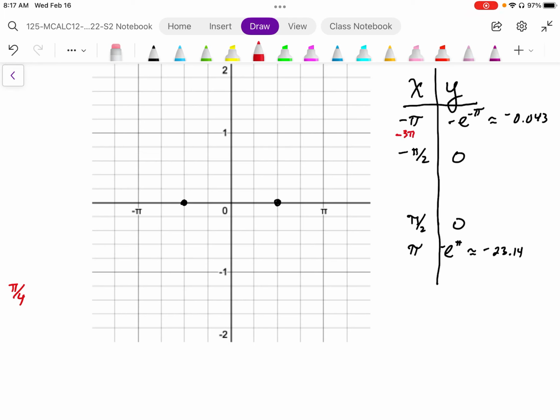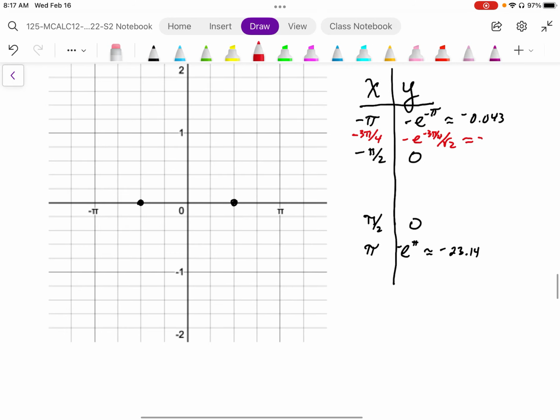So negative 3 pi over 4, when I plug that in, I end up with a value of negative e to the negative 3 pi over 4 over root 2, and that's approximately equal to, as a decimal value, negative 0.067, okay?